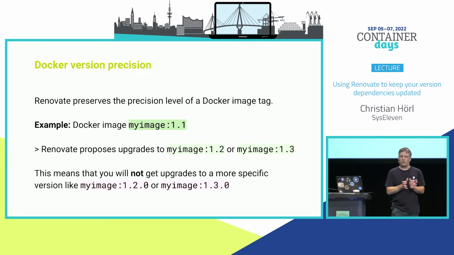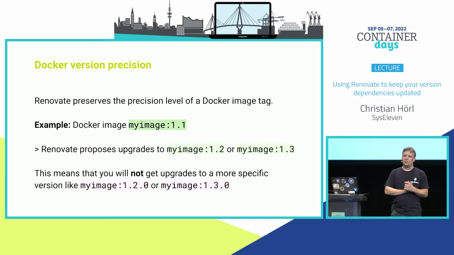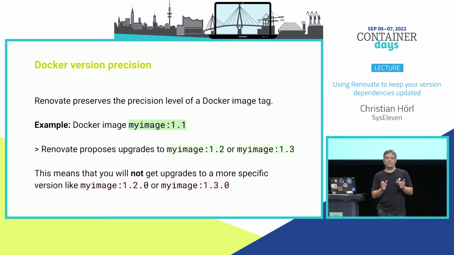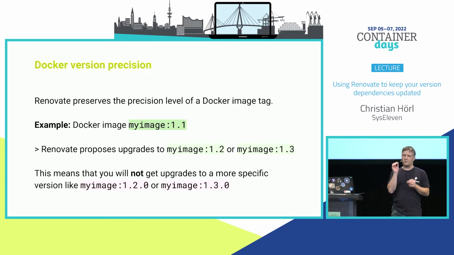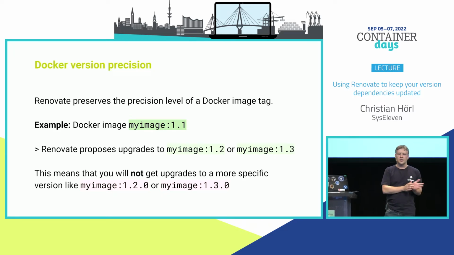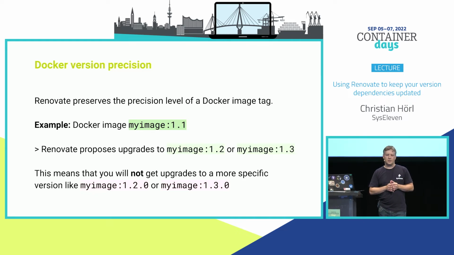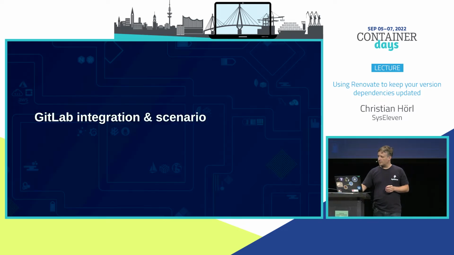For instance, if you are on a Docker image 1.1, it will never leave this updating strategy. So Renovate will never propose a more specific or a more common image update, so you will not get lost in these image tags. You always stay in your precision level of image tags.